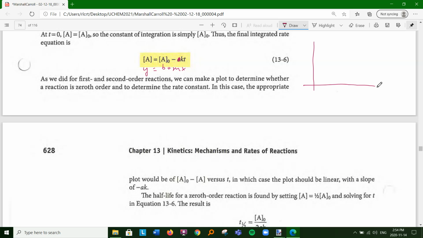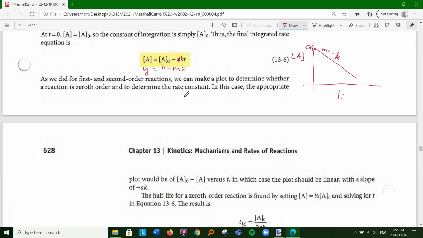So my y can be the concentration A. Then I'll have time t, and a negative slope. A naught is going to be my y-intercept, and my slope m is going to equal minus k.